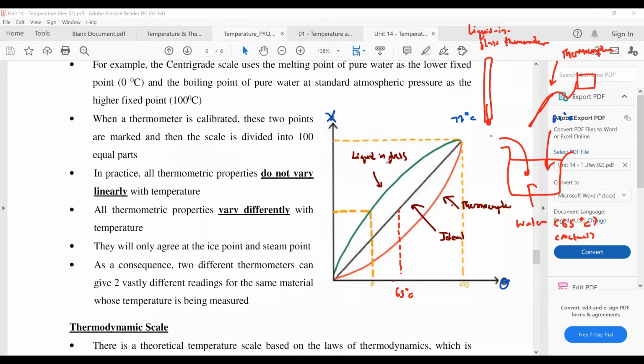How do I read this diagram already? This one is your thermometric property at 65 degrees. By right, the confusion is with those lines here. Let me just shift this diagram a little, sorry.